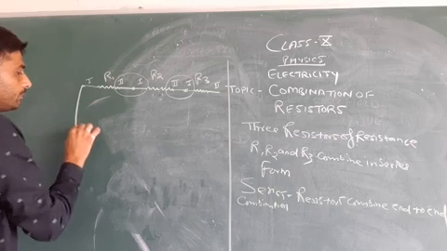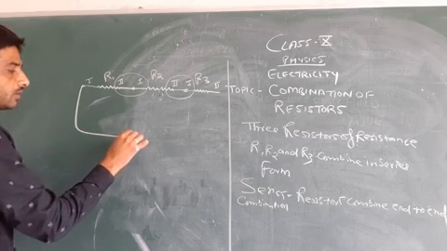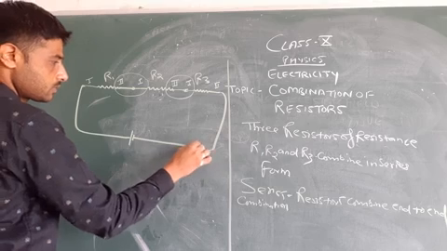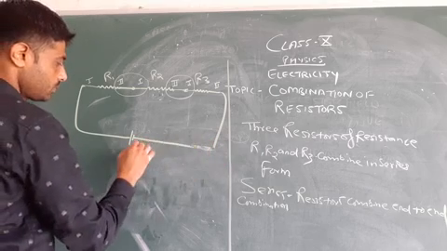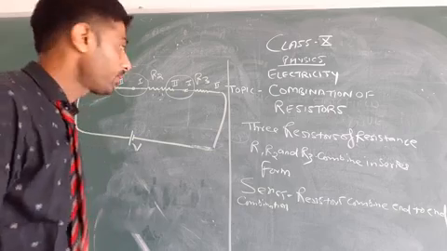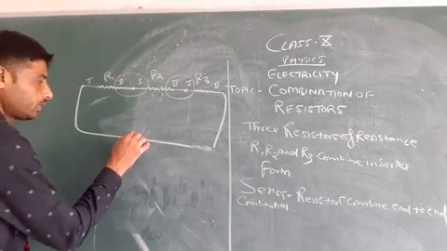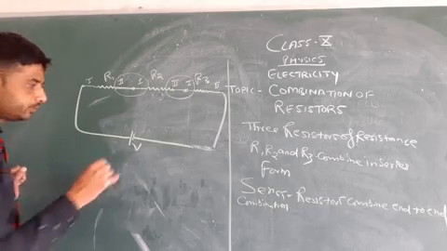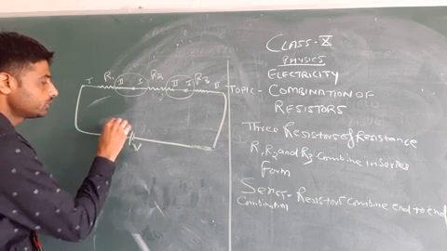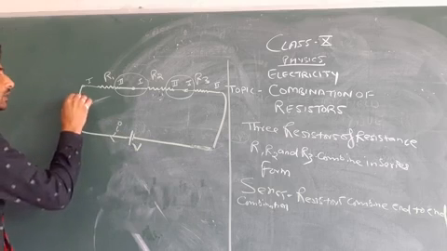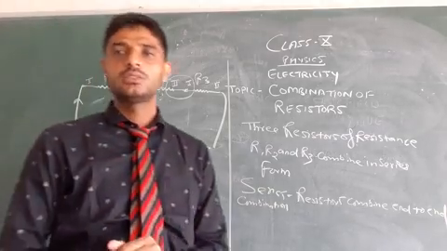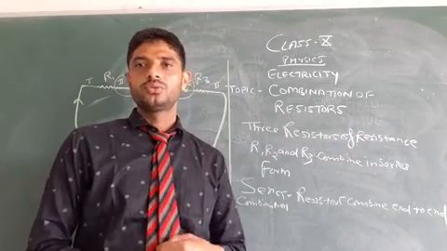And a battery or cell is applied across the combination of resistors. As you know, this is the battery. Then current will start from the positive end, and there is only one path available for the flow of current.